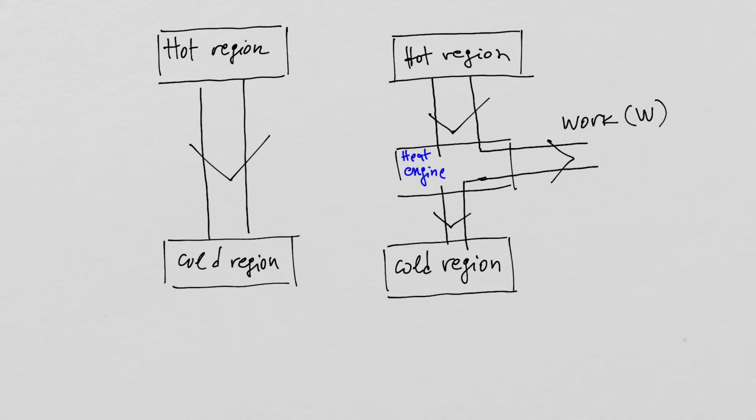And this is a basic conservation of energy principle. Energy cannot be created or destroyed. Therefore, the amount of energy coming in should be equal to the amount of energy coming out plus the work done.